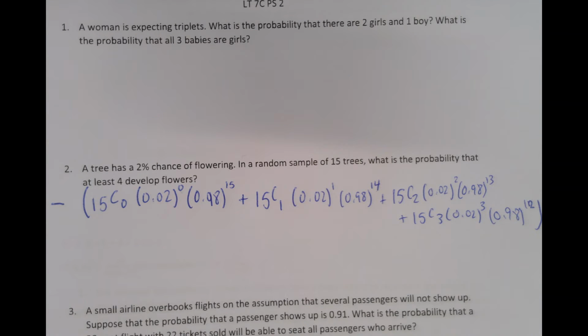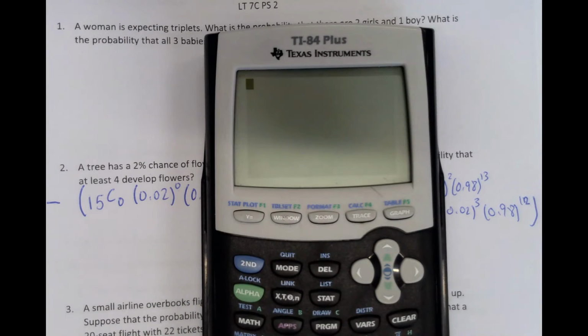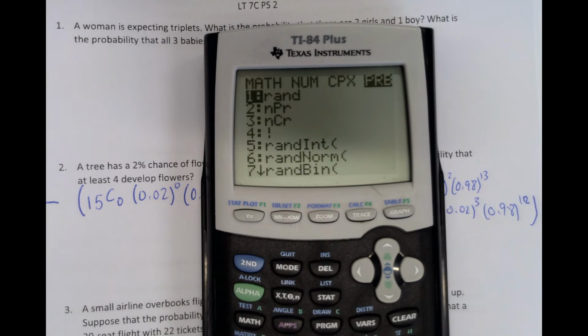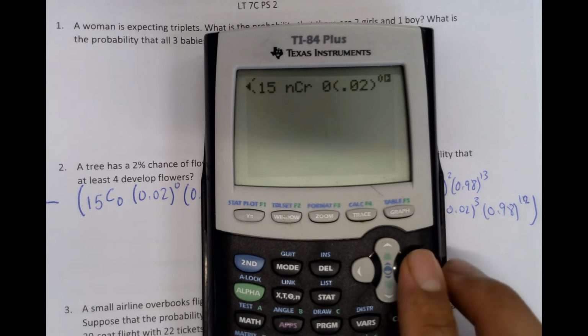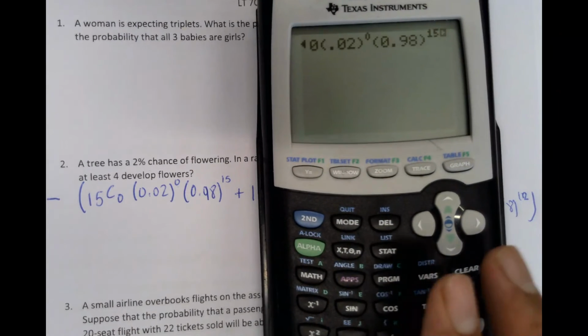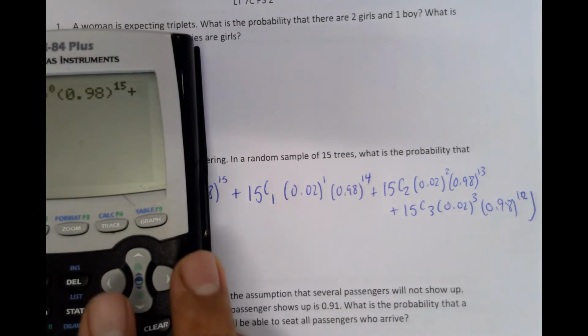You would do 1 minus, and then parentheses, 15 math, go here. And then you just type in everything that you wrote on your paper.